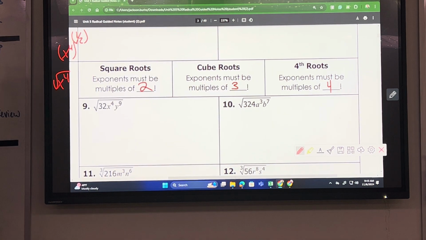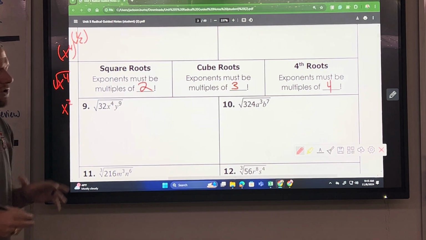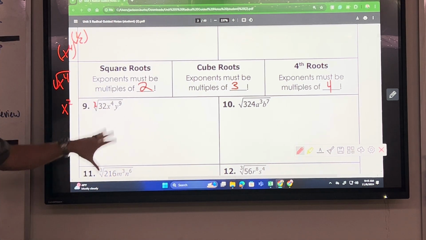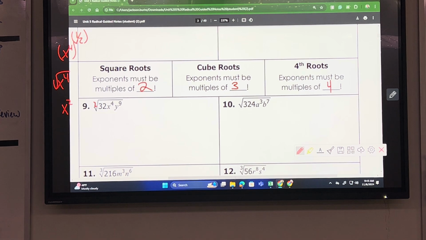So this becomes 4 times 1/2, right? So my answer here will be x squared. 4 times 1/2 is 2, so that becomes an x squared. You can think of these as dividing by the index. Remember, if there is no index, we always assume it's a square root.